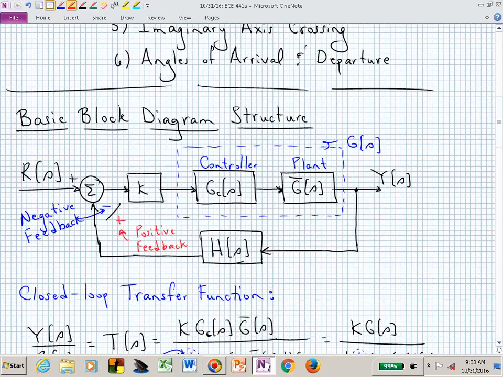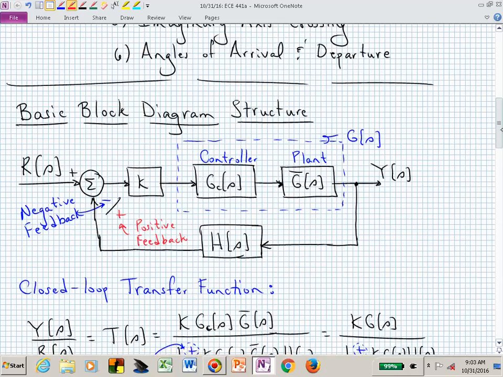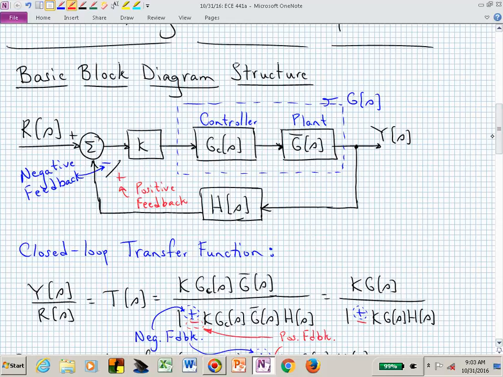And in this class, we will actually be focusing on the negative feedback situation, which then results in, when we perform the closed loop transfer function, that gives us our 1 plus K G of S H of S in the denominator transfer function.